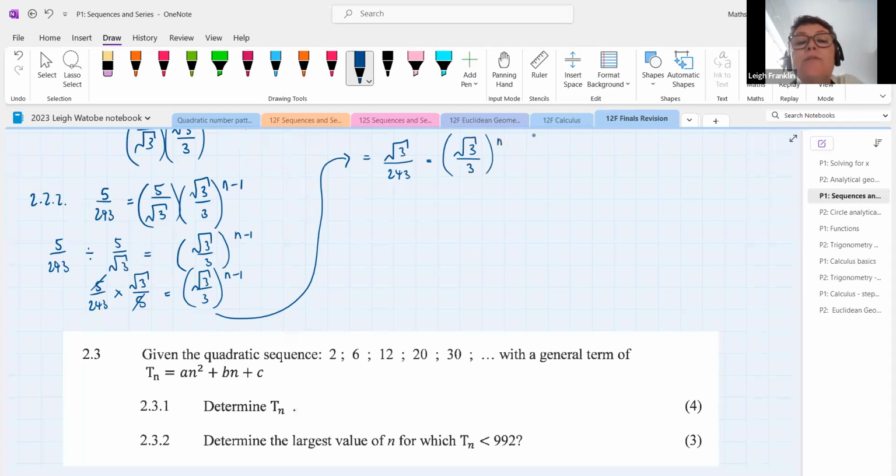And that's all raised to the power of n minus 1. Okay, so now that I've got to the step over here, sorry, I shouldn't have an equal sign over there. Now that I've got to the step over here, what is the next thing that I need to do?